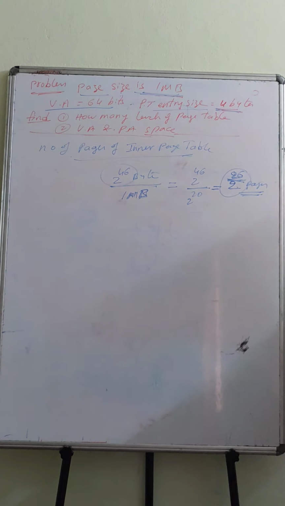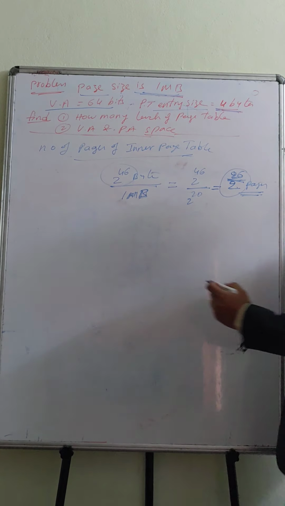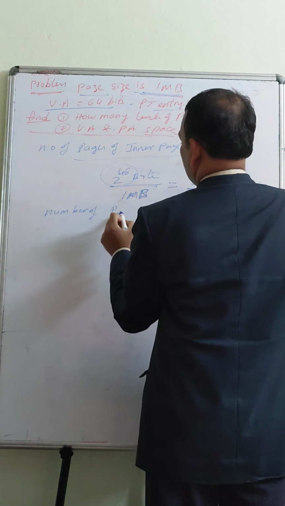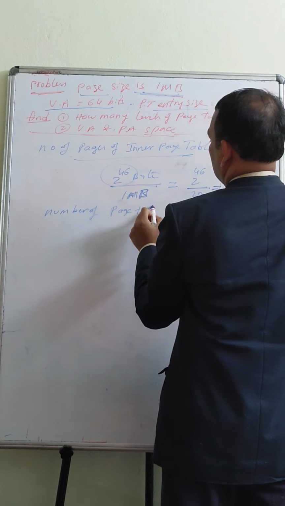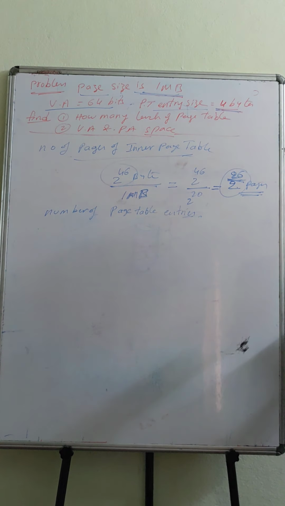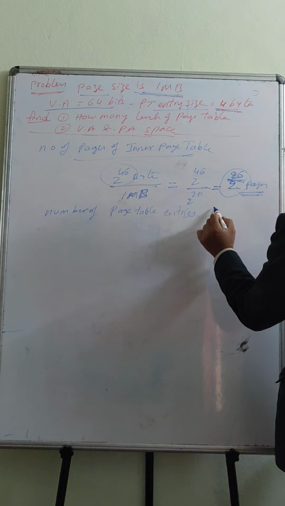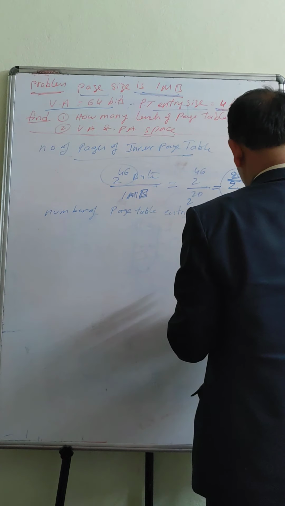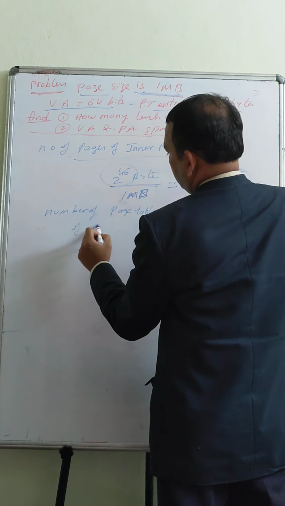Okay, my dear friends, let us see. We found just now that the number of pages of the inner page table is 2 power 26 pages. Now, the next calculation is the number of page table entries in one page of the inner page table.